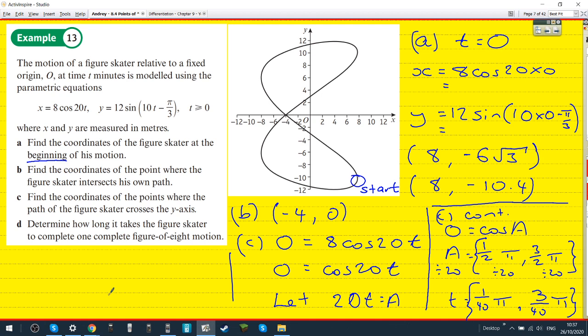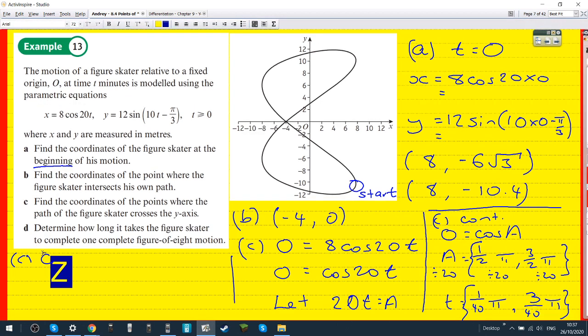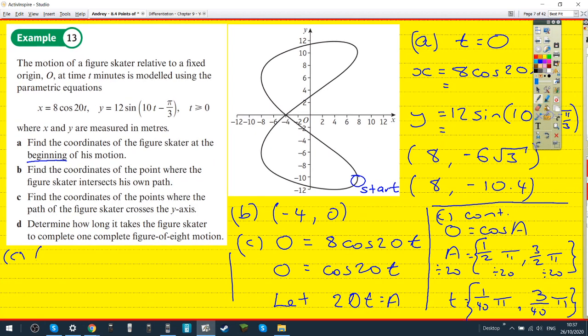Probably one of the weirdest ones I've had before. So I put in 1 over 40 pi, and it gave me -3 root 6 plus 3 root 2. So that coordinate is 0, minus 3 root 6 plus 3 root 2?